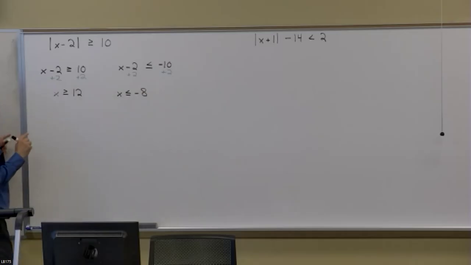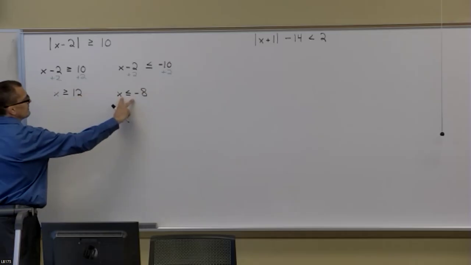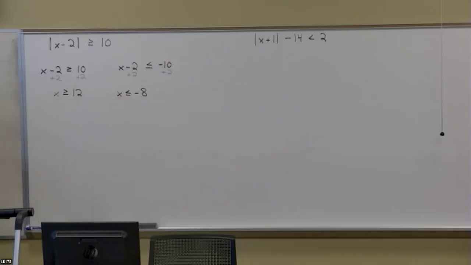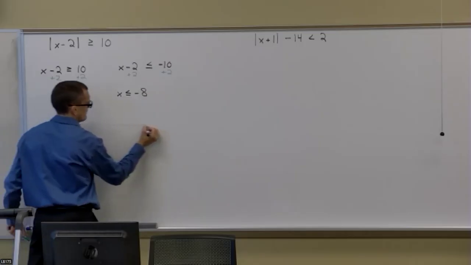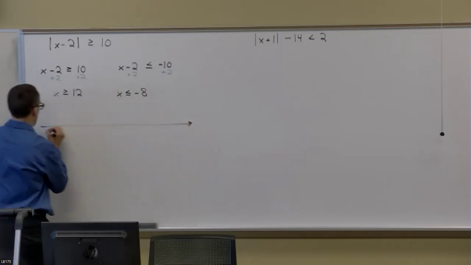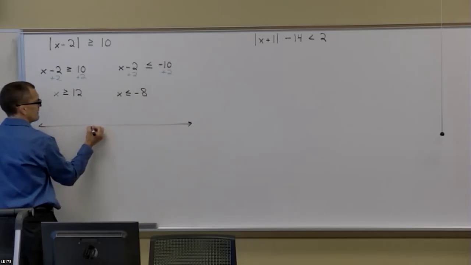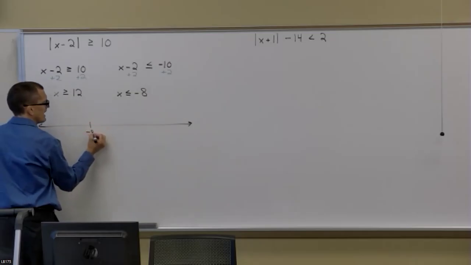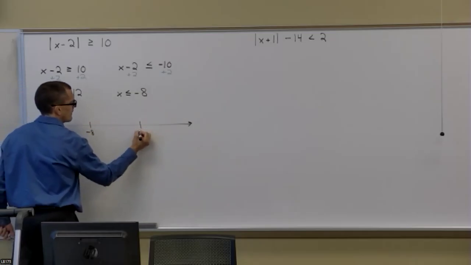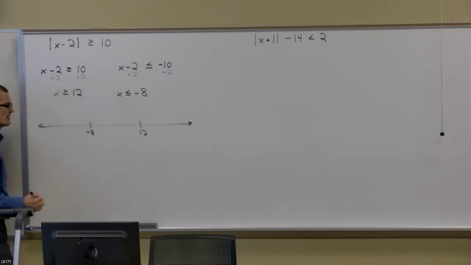Now, these are sort of two independent inequalities. What I mean by that is that if you look on the number line, we have negative 8 and positive 12 here on the number line.